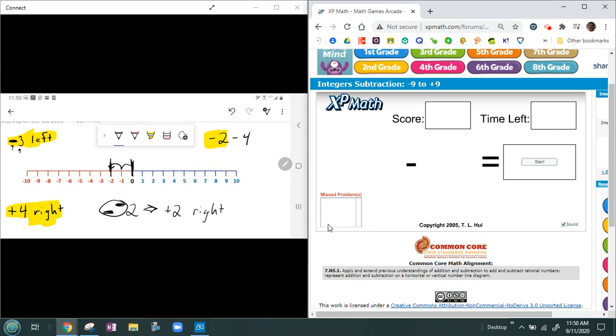So now we go to that 4 and look to the left. It has a minus sign, so that's going to take us which direction? Hopefully you said left. So we pick up where we left off after the -2, and we go left 4. 1, 2, 3, 4. And so our answer to that problem would be -6.